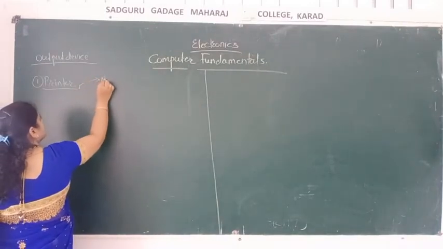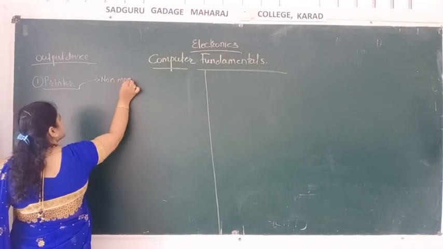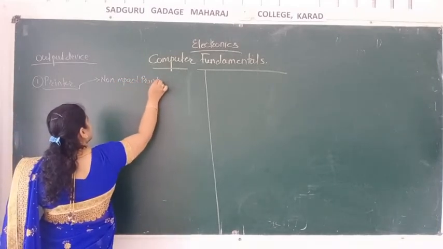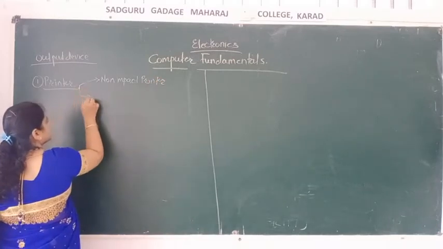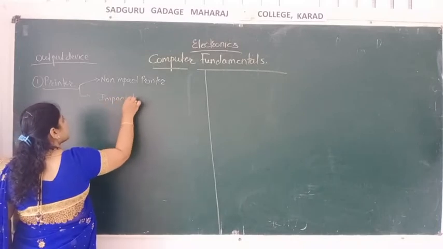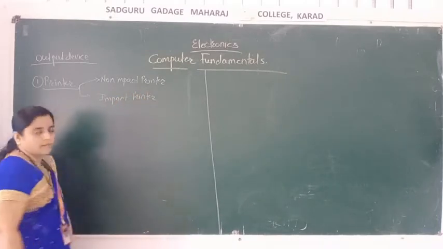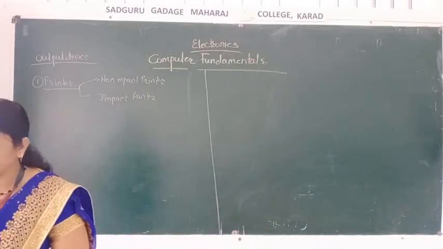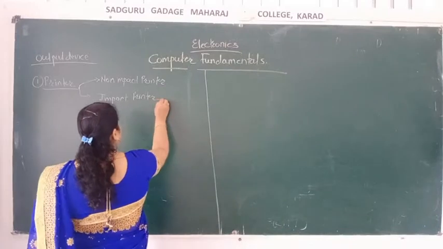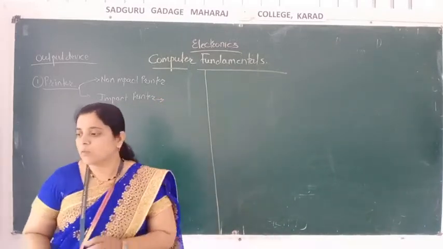That is the non-impact printer and the impact printer. What does that mean? In an impact printer, what happens?